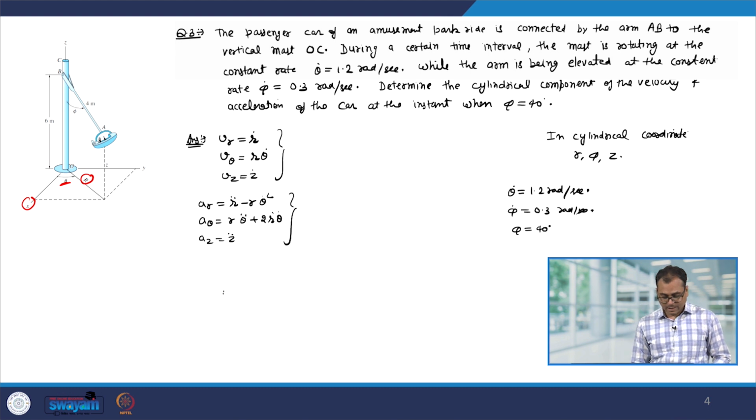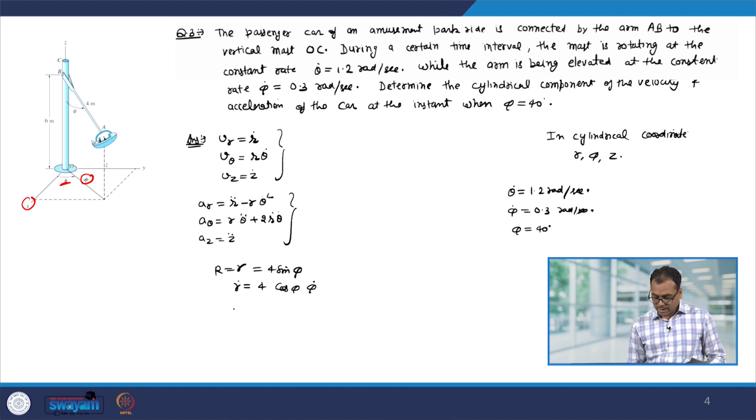Now, from the diagram you can see that capital R, which is also r, is 4 sin phi. Therefore, r dot is 4 cos phi phi dot and r double dot will become minus 4 phi dot square sin phi because phi double dot is 0.